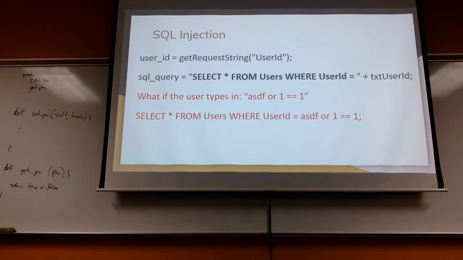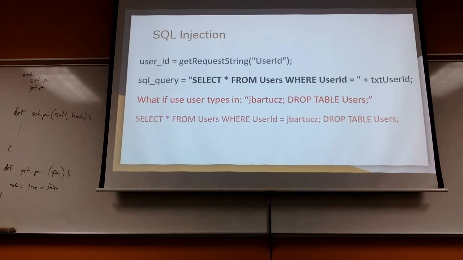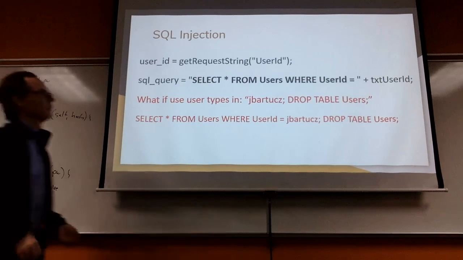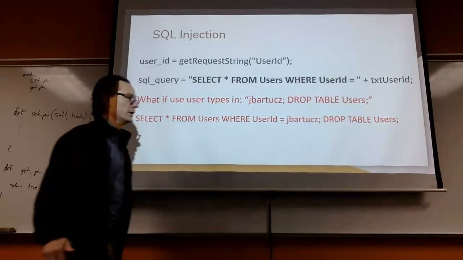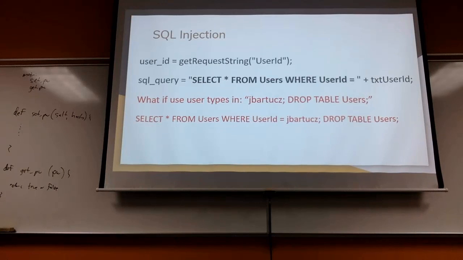I mean, you would have to know that there's a table called users, but it's a reasonable guess, right? How many of you in your university database had a table called students? It's a pretty reasonable guess, right? Classes.